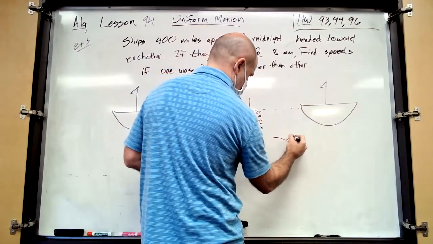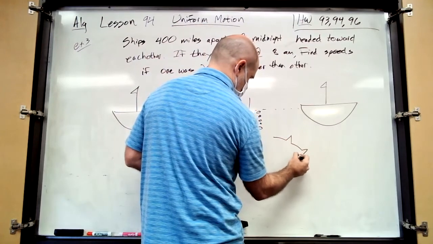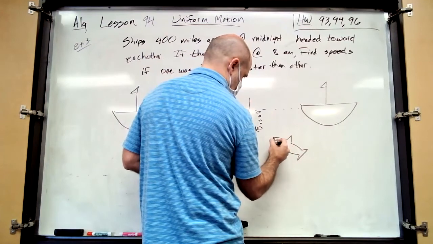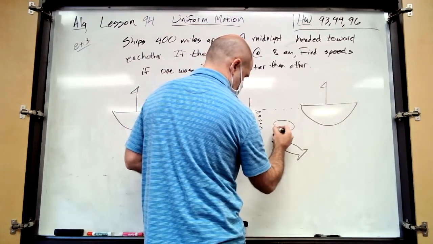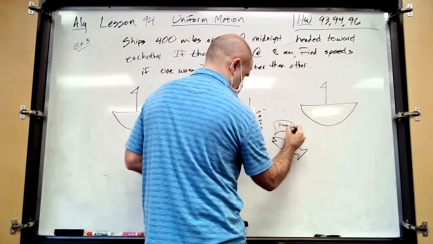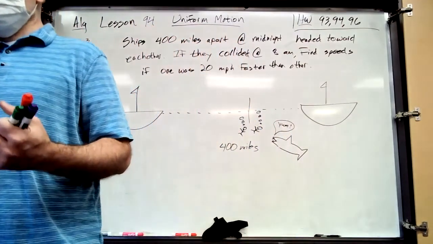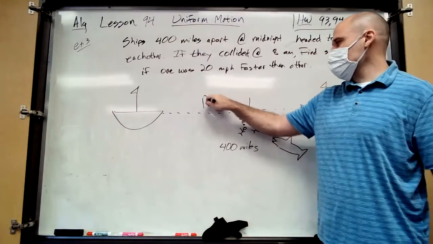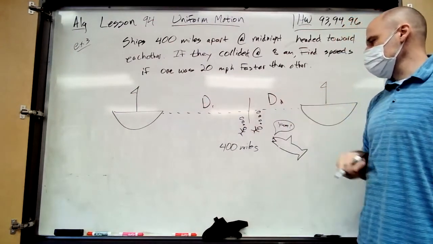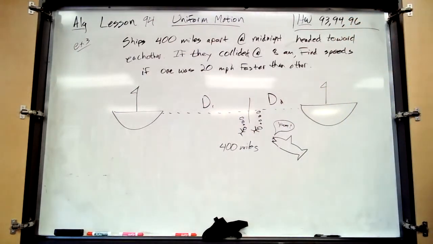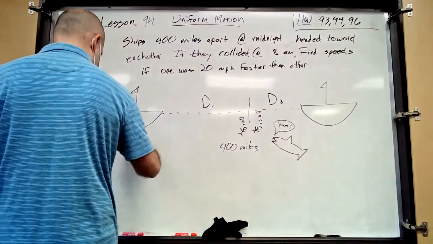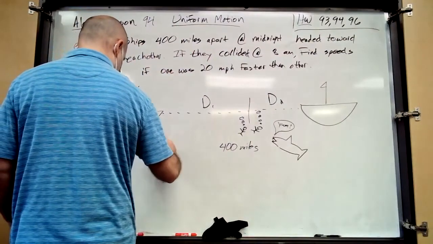Okay. So what's our distance equation? We'll call this D1 and D2. So what's our distance equation look like? All right, D1 plus D2 equals K. In this case, the K is 400.